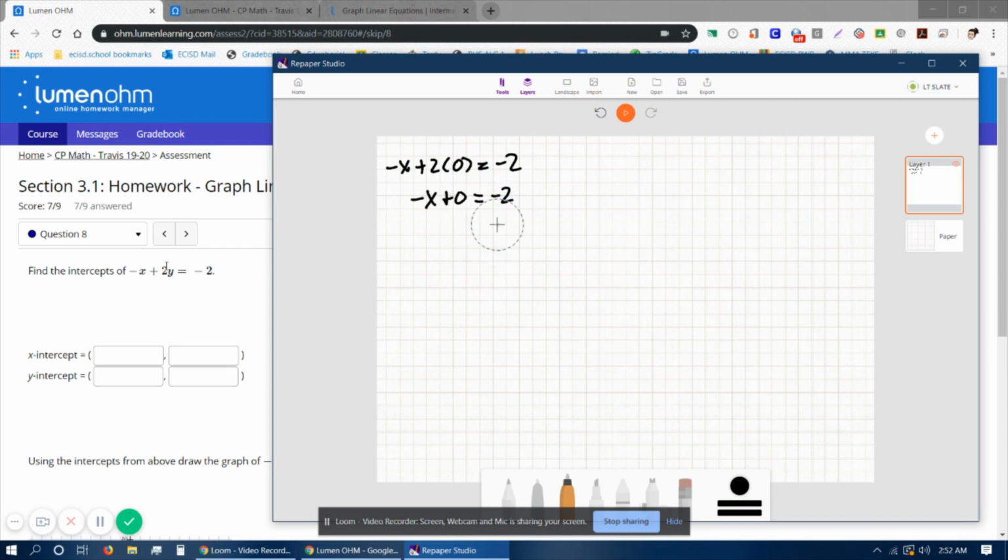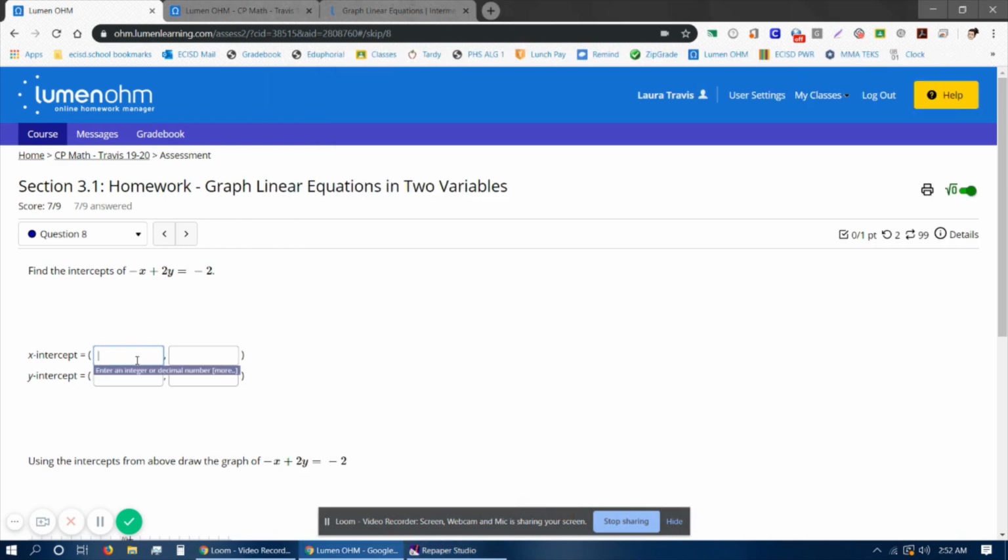The 0 can just disappear, so we have negative x equals negative 2. And remember, if there's not a number in front of x, you can assume there's a 1 there. So to cancel it out, I divide both sides by negative 1. These negative 1s will cancel, and I'll wind up with x equals positive 2. So for the x-intercept, x equals 2. So I can set that up as 2, 0.